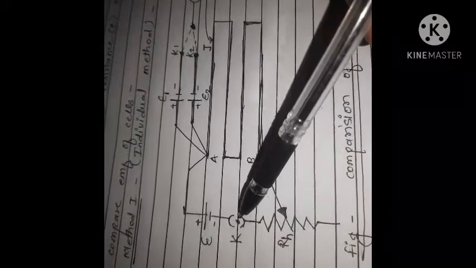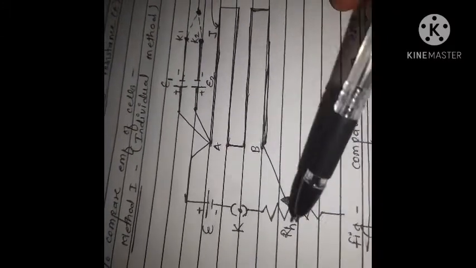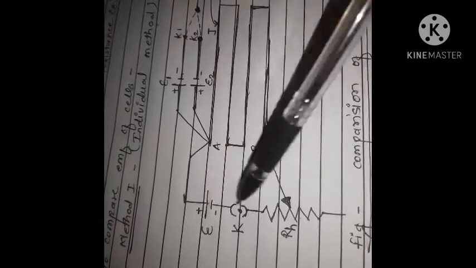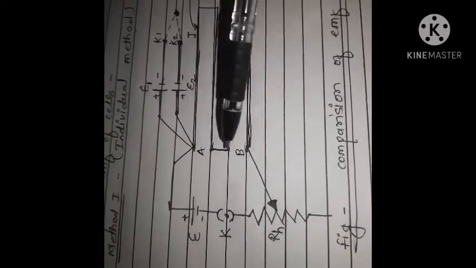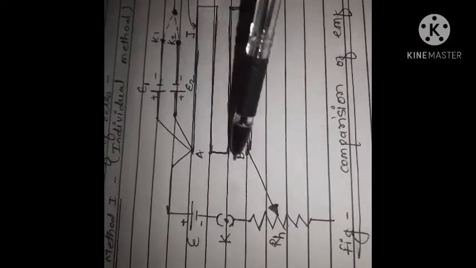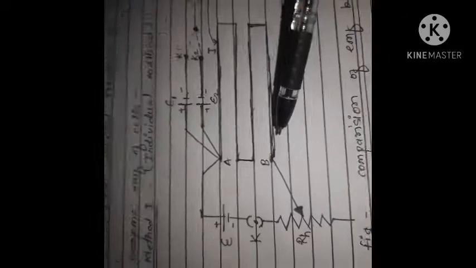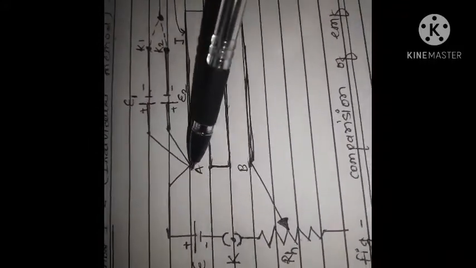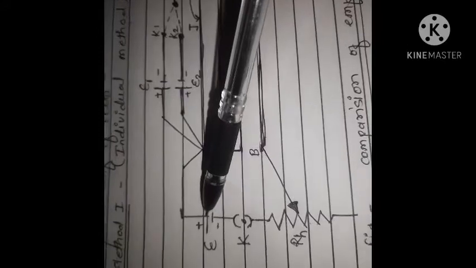with a key K and a rheostat RH are connected between the two points A and B on the potentiometer wire, such that the point A is at higher potential.